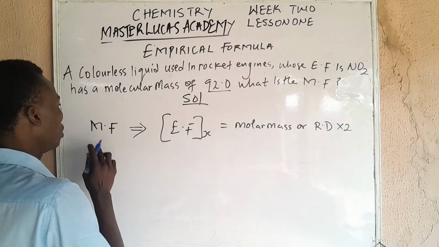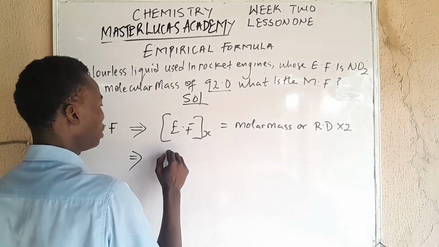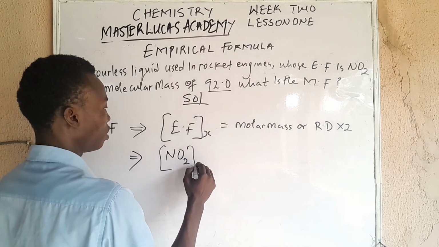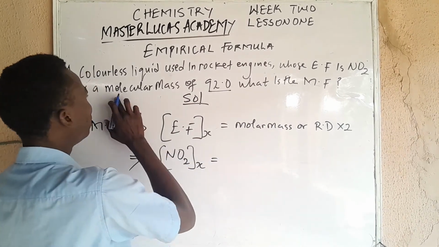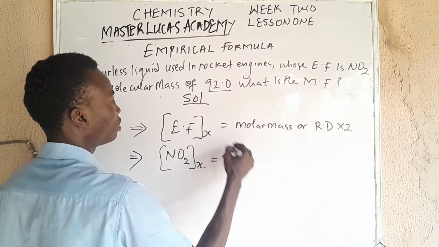So let us proceed. Our empirical formula is given to be NO2, close the bracket. We are going to have x equals, this one is given to be our molar mass, which is 92.0.